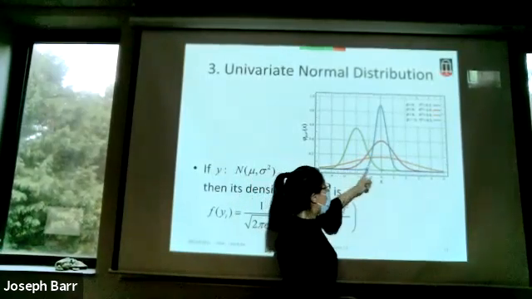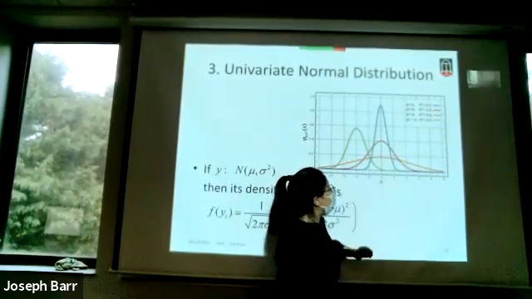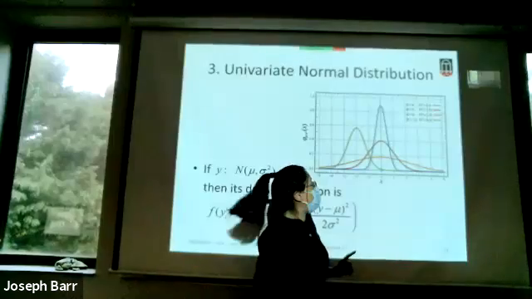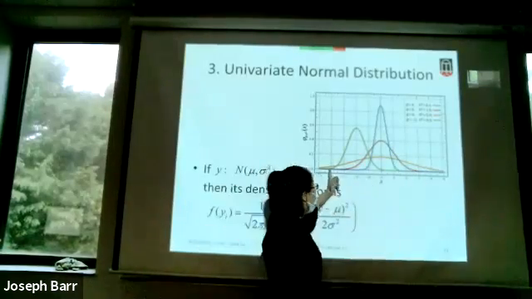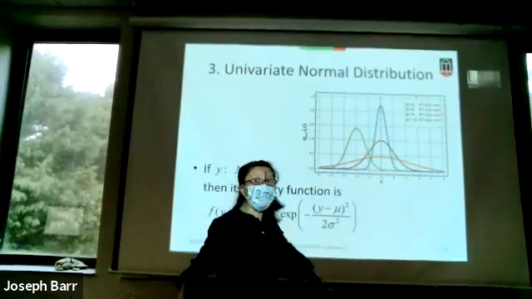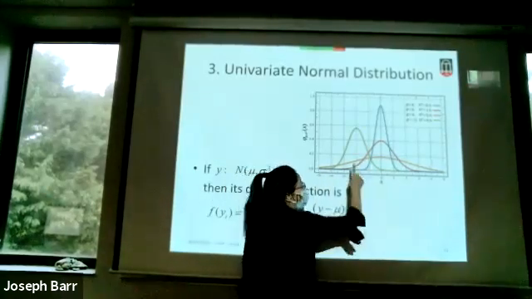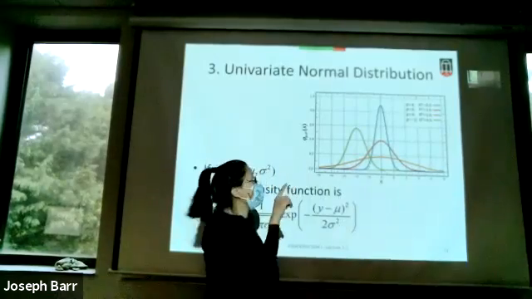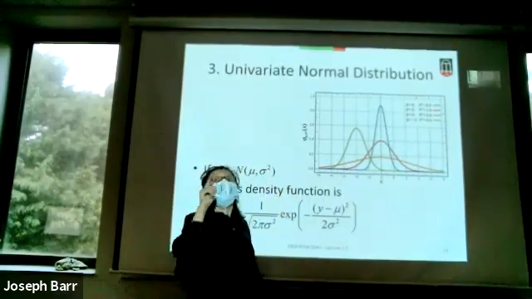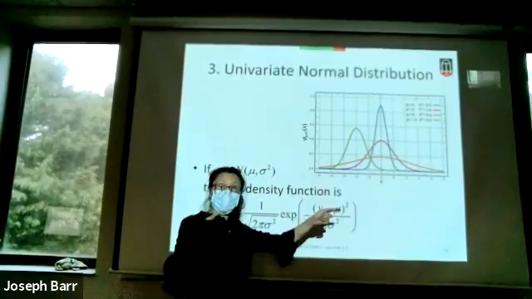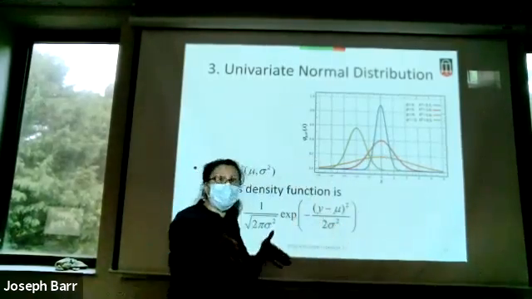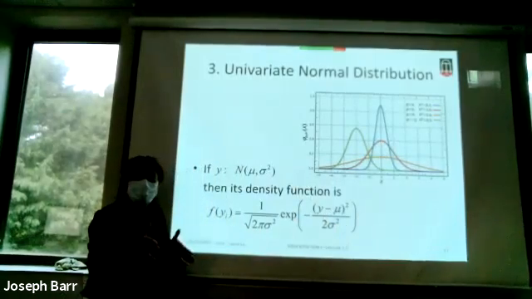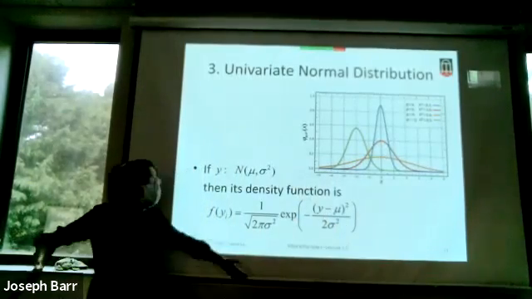Not only center, let's look at spread, sigma squared. If you look at the golden one, the sigma squared is 5, which is large. So the golden one is widely spread. But if you look at the blue one, the sigma squared is 0.2, which is much smaller than 5. And look at this curve, it's quite narrowly spread. So the sigma squared tells us the range, the spread.